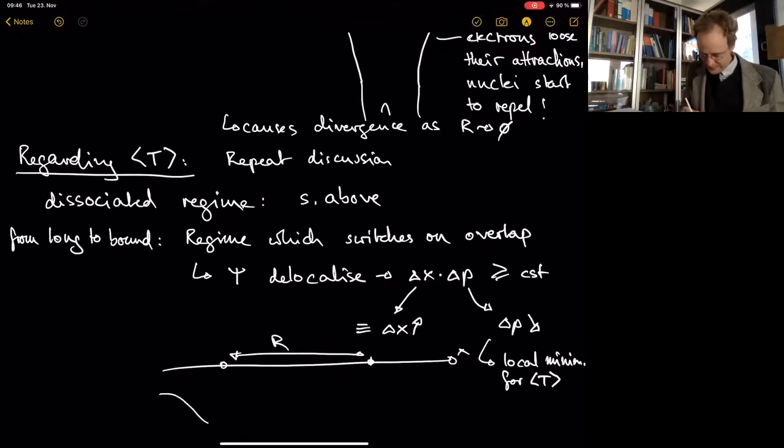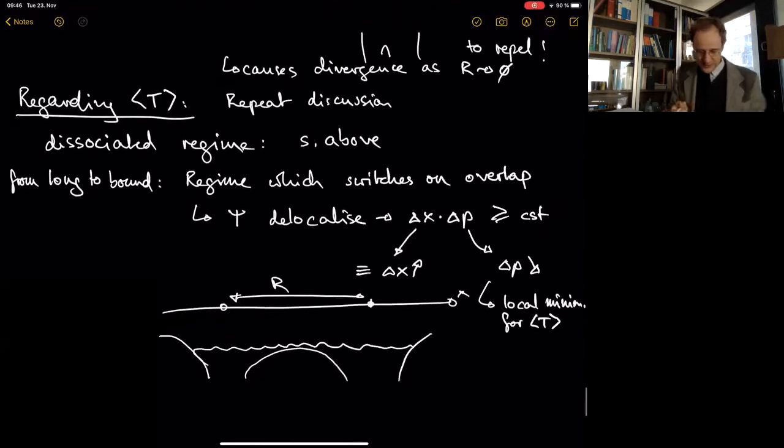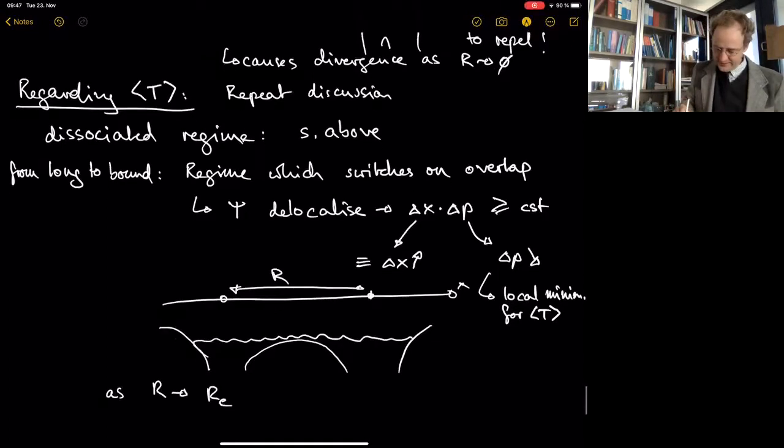You're in this region where the potentials are just overlapping sufficiently well so that your electrons just start to delocalize, okay? So then it flattens out, your electrons flatten out, you have less curvature. But then as you go smaller towards Re, as R goes to Re, right?